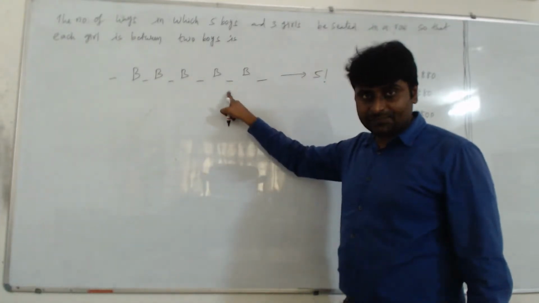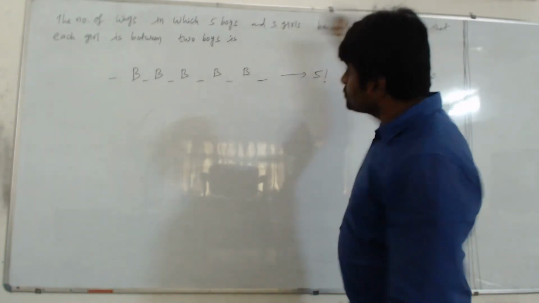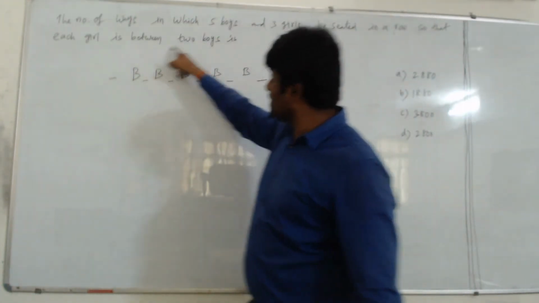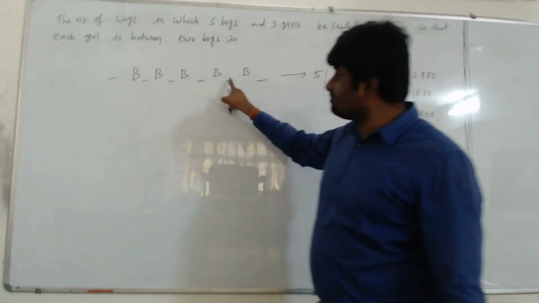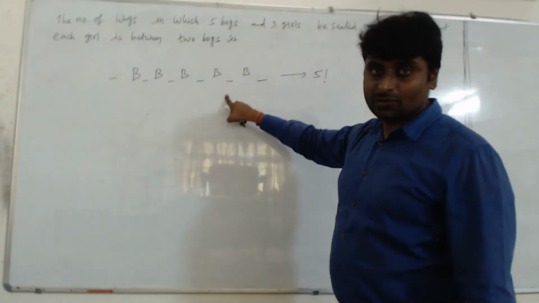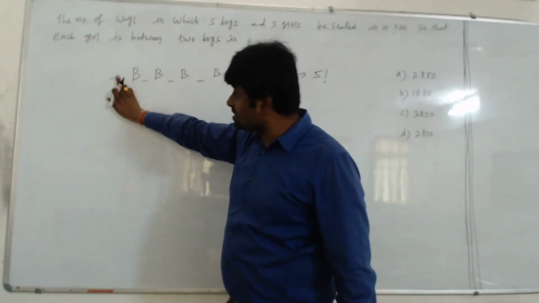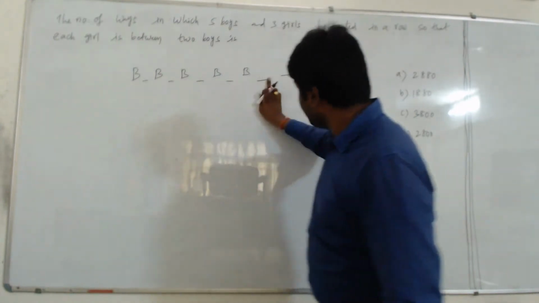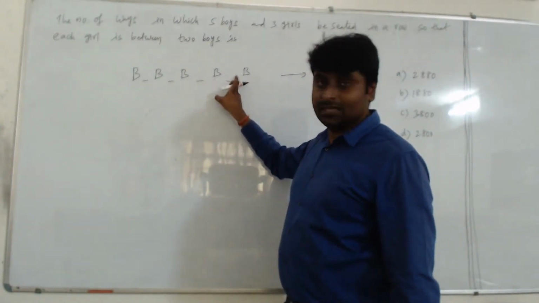6 gaps are left. But the question says each girl is between two boys. So between two boys, how many gaps are there? In those gaps, we need to put these girls. So we should not consider the extreme gaps. How many gaps are left in between boys? 4.